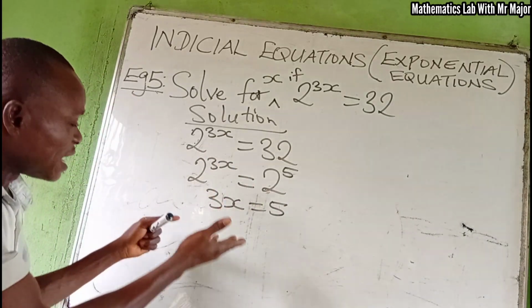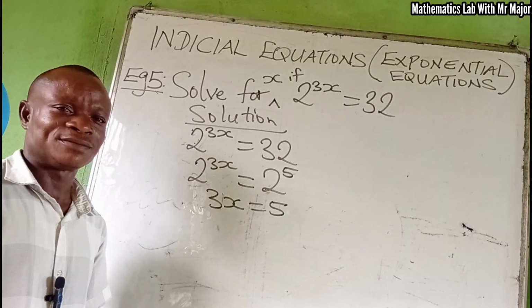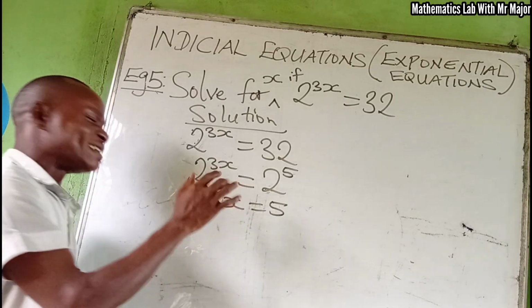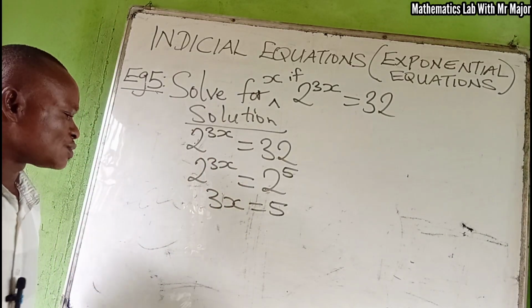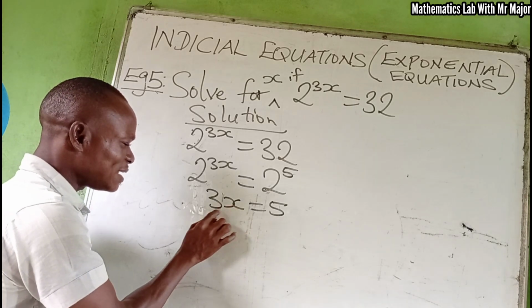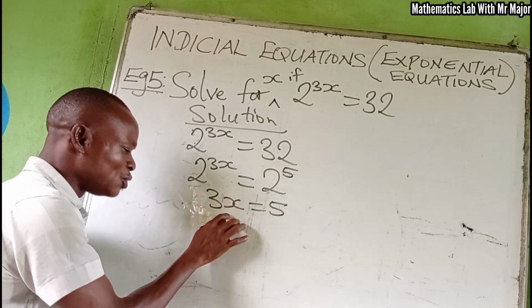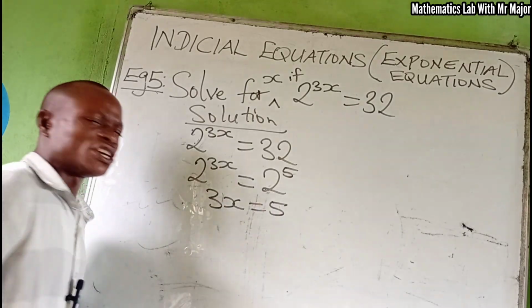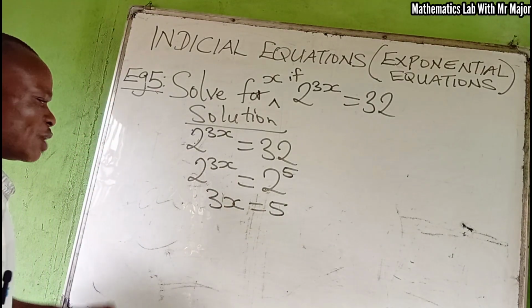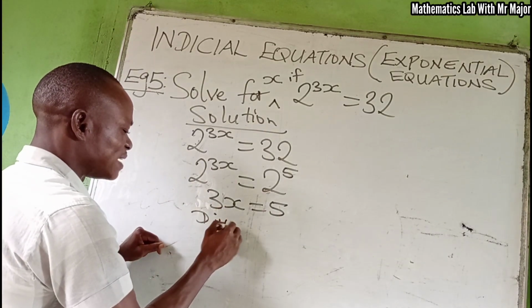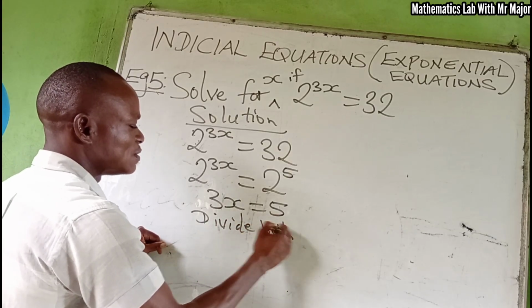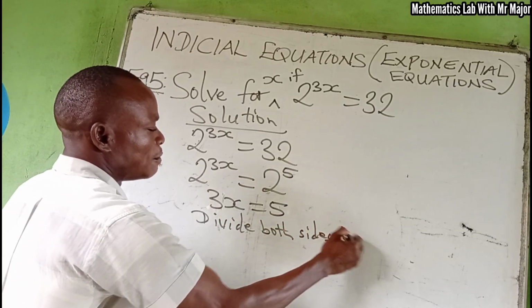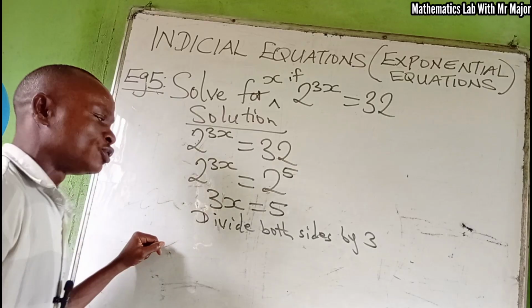Here, there are no like terms to collect. But we know that in equations, when a letter, an unknown, has a coefficient, we use the coefficient to divide both sides. So we are going to divide both sides by 3, which is the coefficient of the unknown.